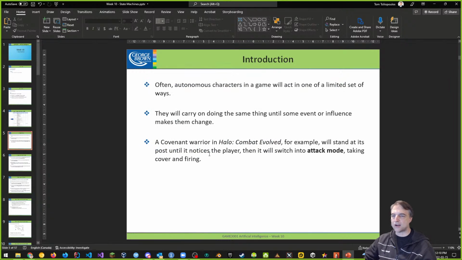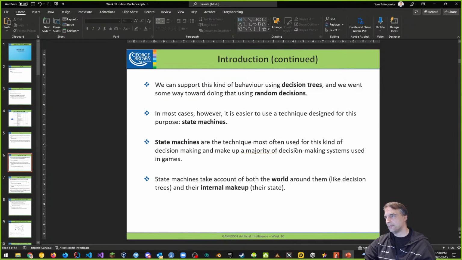So let's talk about then what state machines are. So really what we wanted to think about is that we want autonomous characters to act in some kind of way. They will make decisions, as an example. And we talked about decision trees, and we also talked about random decision trees.